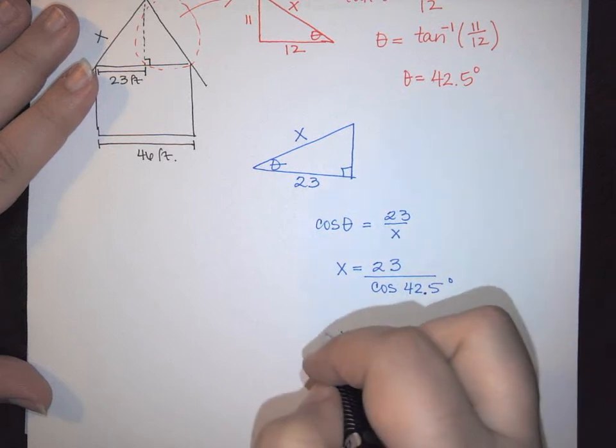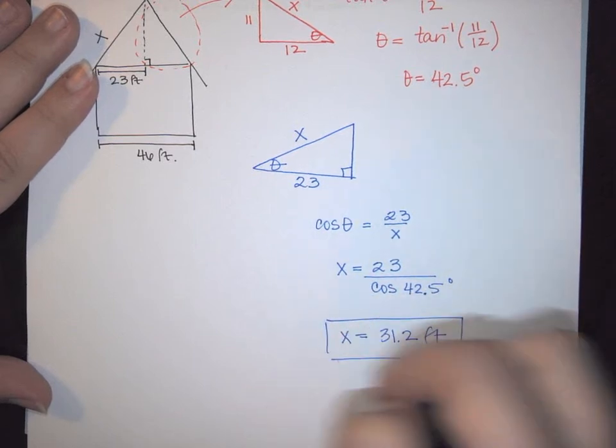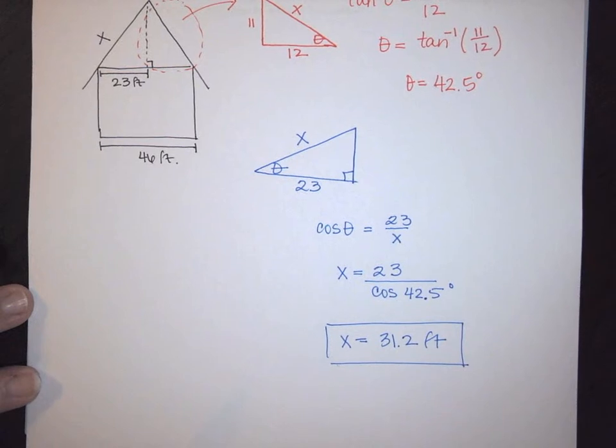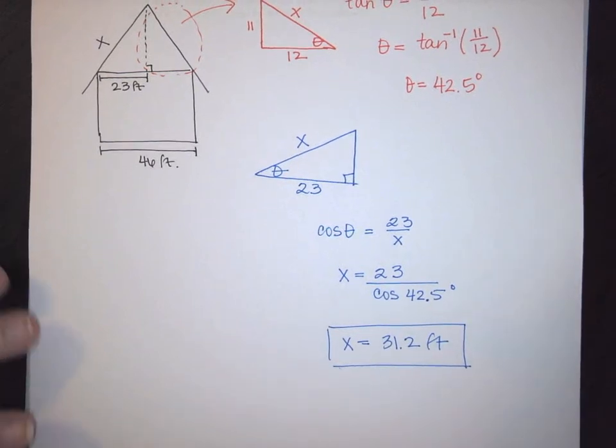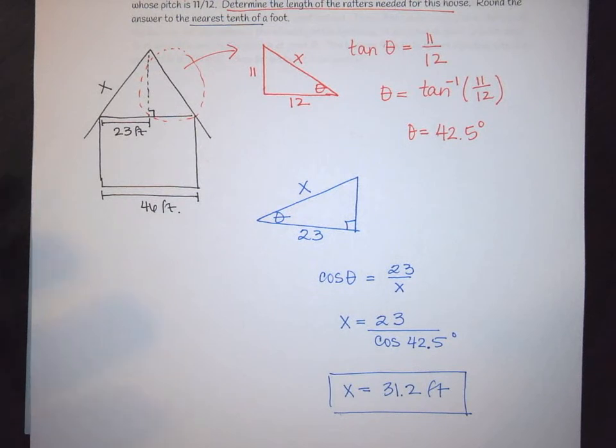And this would be what we're looking for as the length of the rafters. So sometimes you have to use two different triangles in order to get the result that you are looking for.